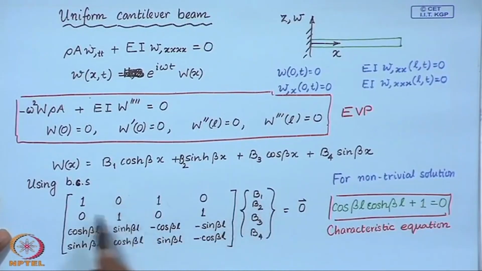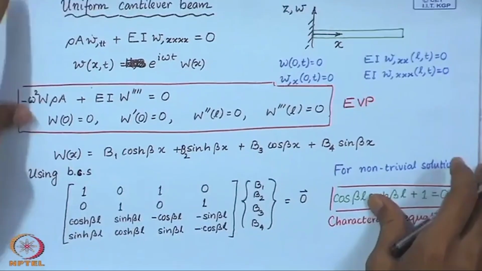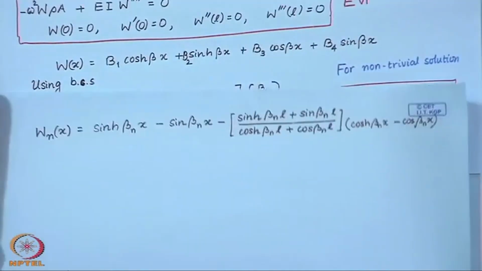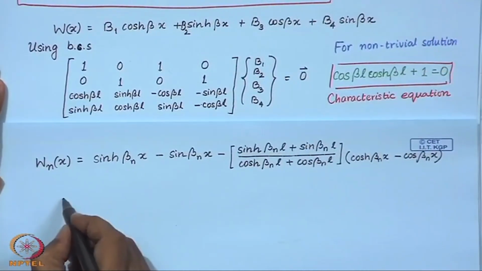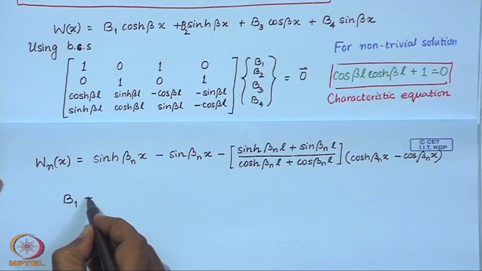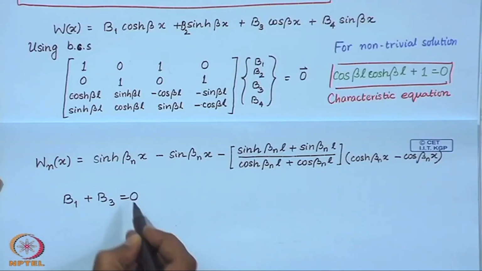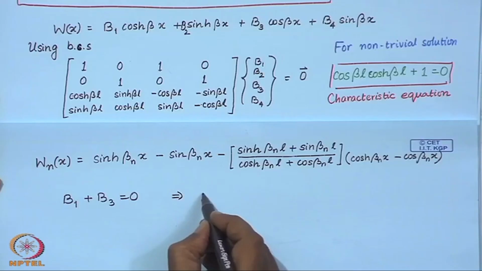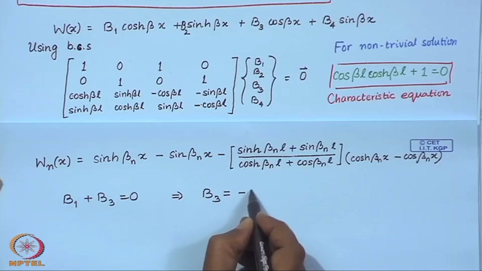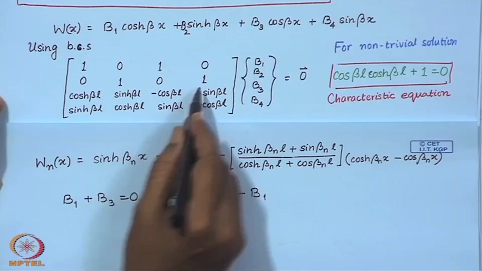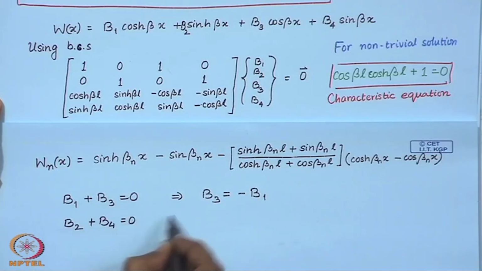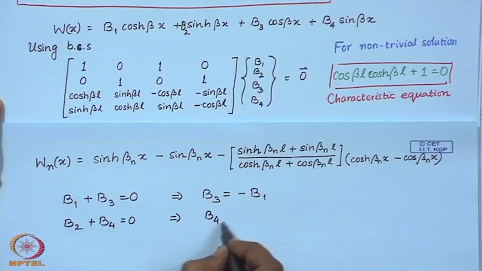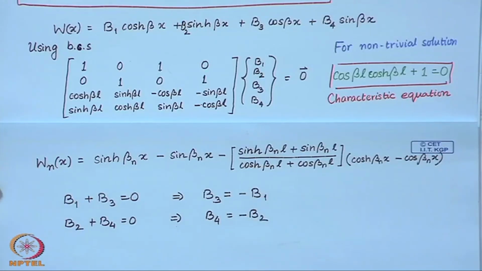Now, the first condition that we have from here is that B 3 is minus B 1. Similarly, from the second condition, now we have used this third condition.